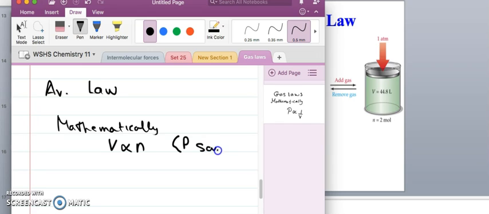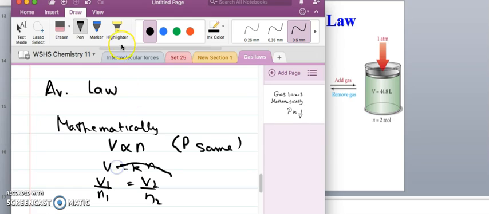Pressure the same, which can be written as V is equal to Kn, which can be written as V1 over N1 is equal to V2 over N2. And that is your Avogadro's law.